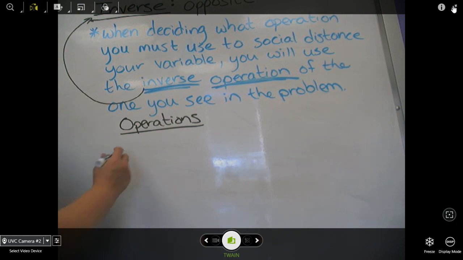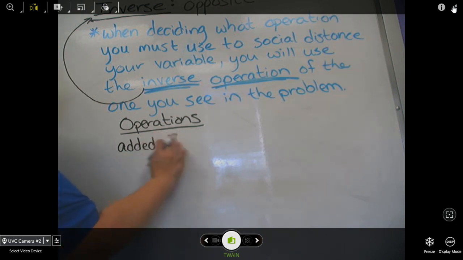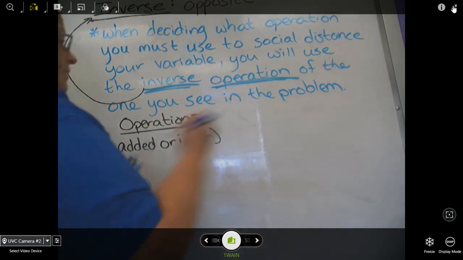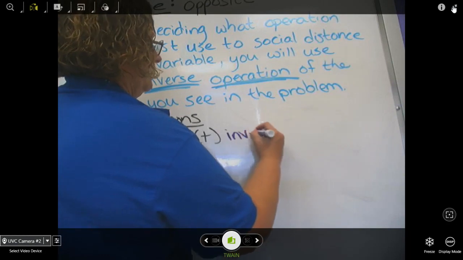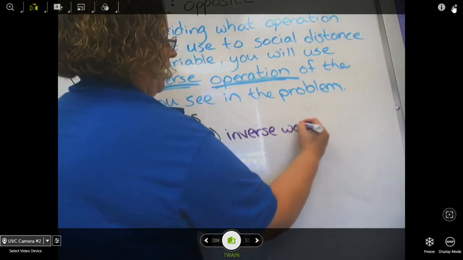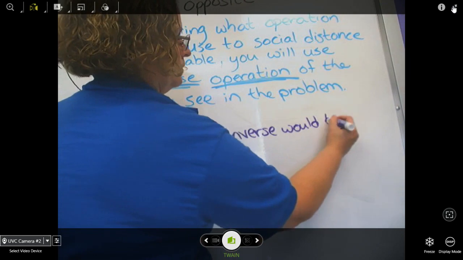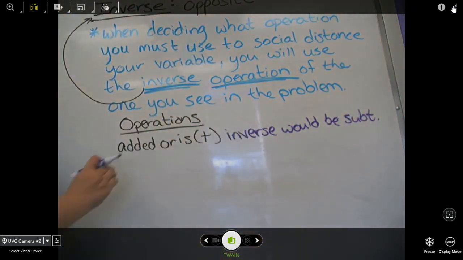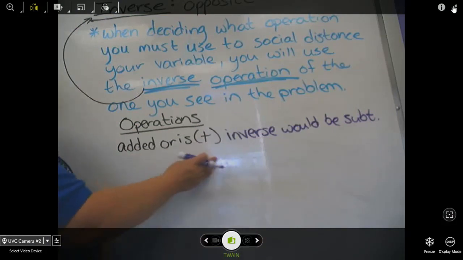If you see something that is being added, or is positive, then the inverse would be what? Subtraction. Okay? So if something's being added or it's positive, we're going to do the opposite.